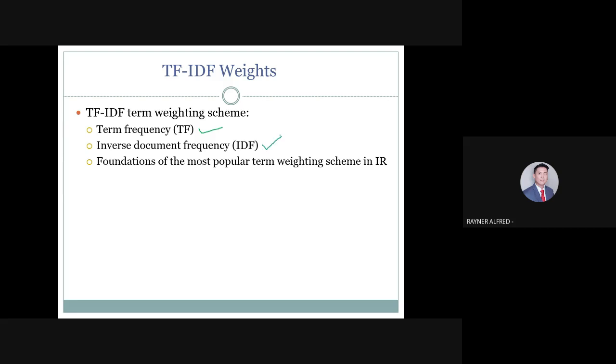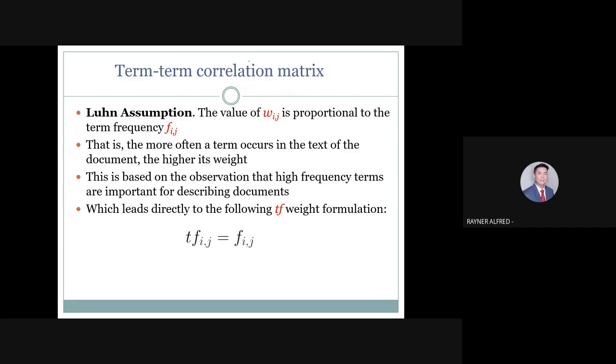So what we want to do is get the term frequency and multiply it with IDF, which is the inverse document frequency, and we get this. If we look at the term correlation matrix just now, right?